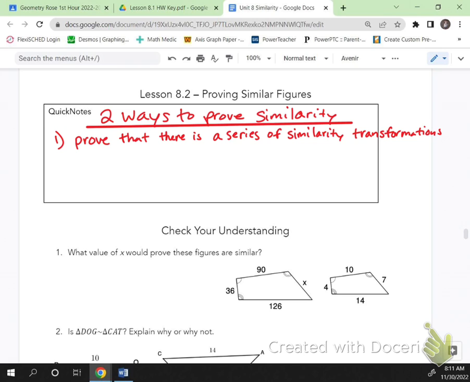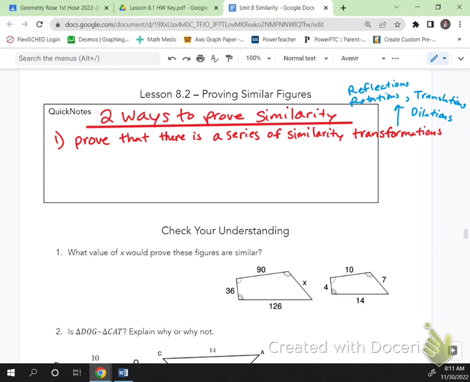In case you forgot, transformations are reflections, rotations, and translations. Dilations. So we did that at first. We saw that there's a way to transform it from one to the other.